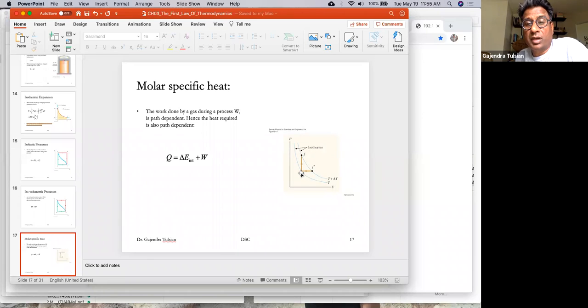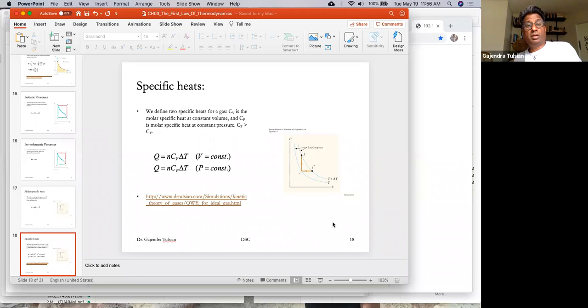You had to add more heat in going from this temperature to that temperature in the constant pressure process because you had to do work. So here's the heat added at constant volume, and here's the heat added at constant pressure.